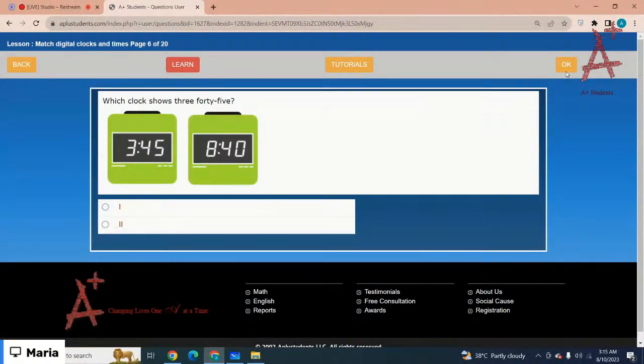Which clock shows 3:45? Which is the correct option? So that would be option number 3, the one that represents 3:45, right?